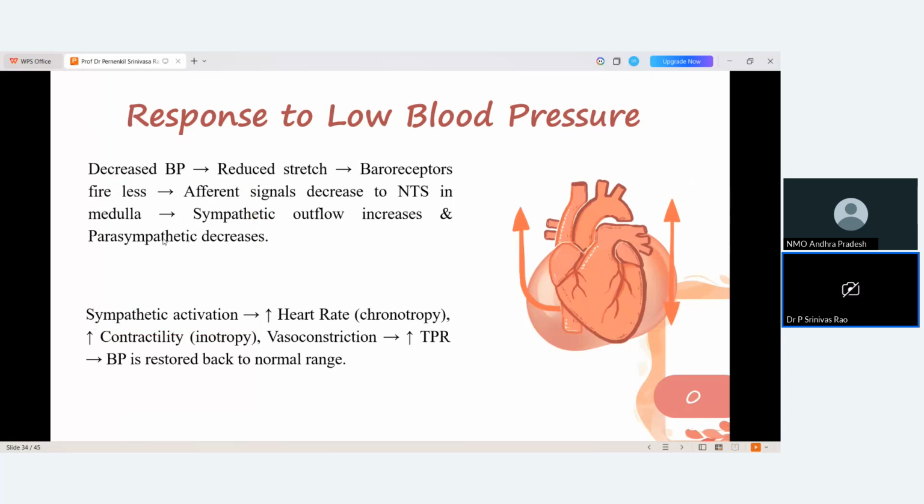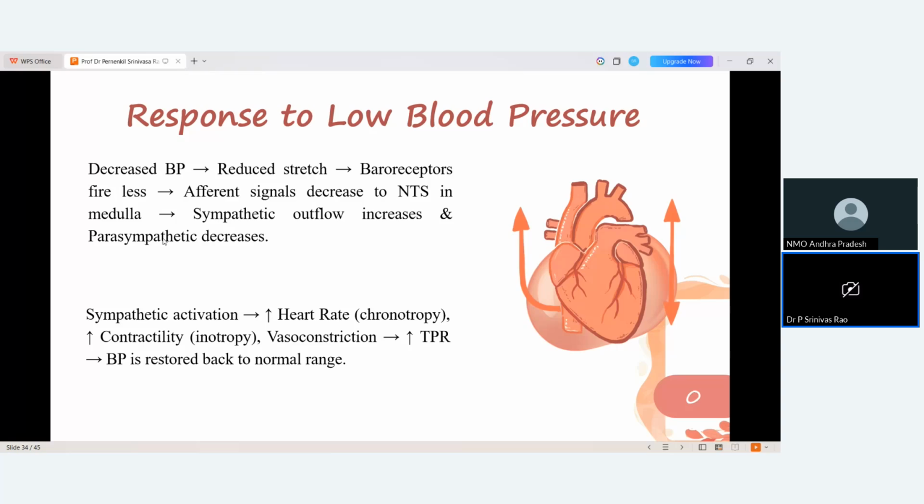Response to low blood pressure: decrease in the blood pressure reduces stretch, baroreceptors fire less, afferent signals decrease to the nucleus tractus solitarius, sympathetic outflow increases, and the parasympathetic decreases. Again, remember, parasympathetic action is less when compared to the sympathetic. Sympathetic activation, what does it do?